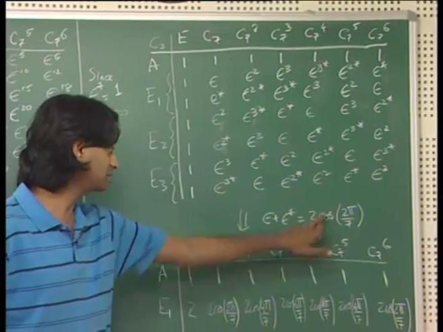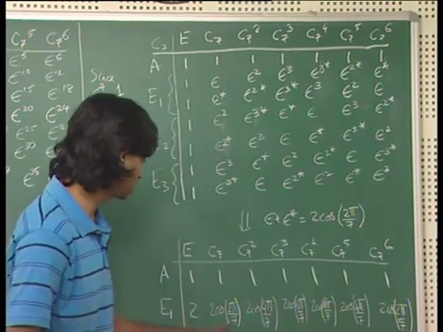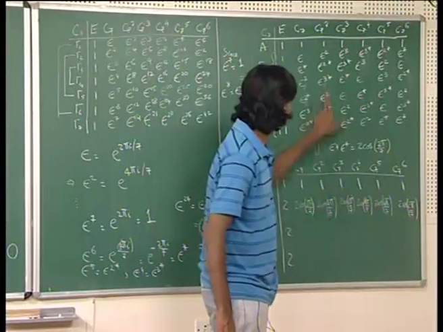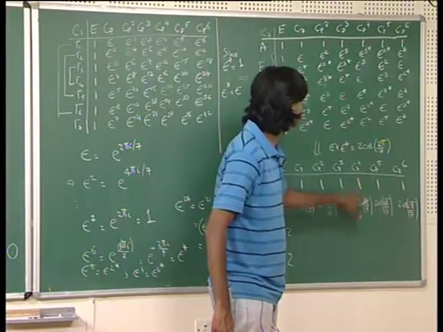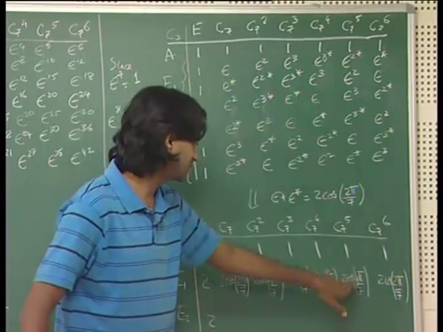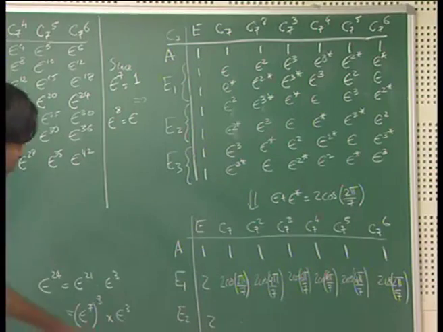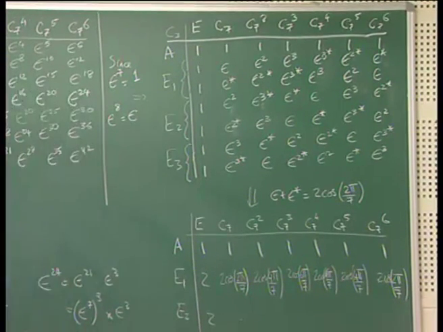So, if you add them up you will get twice cos of 2 pi by 7. So, you can fill up this row in this form. So, you have 2 cos 2 pi by 7, 2 cos 4 pi by 7, 2 cos 6 pi by 7, epsilon 3 star plus epsilon 3 is the same as this. So, 2 cos 6 pi by 7, 2 cos 4 pi by 7 and 2 cos 2 pi by 7, and similarly you can fill in for E2 and E3.